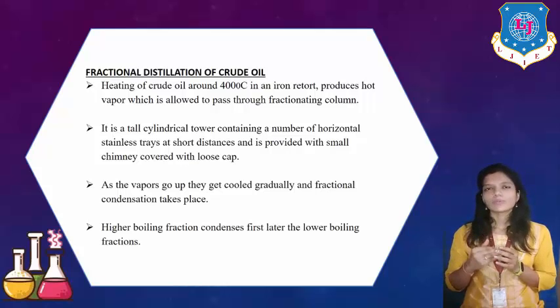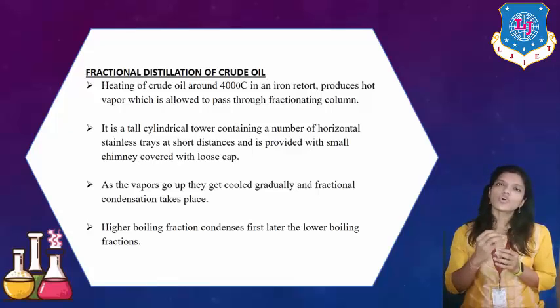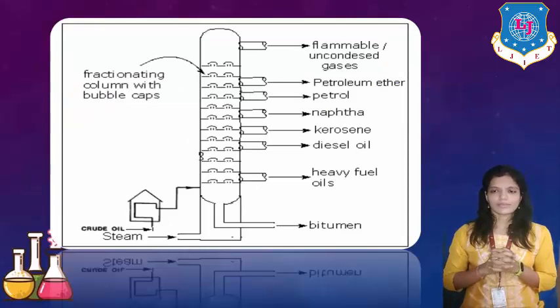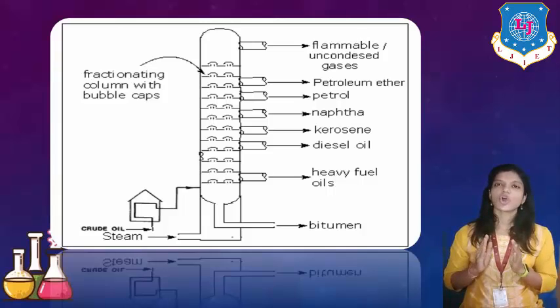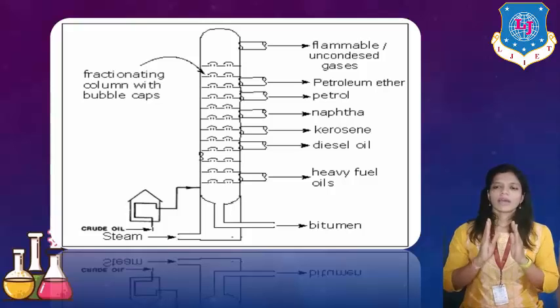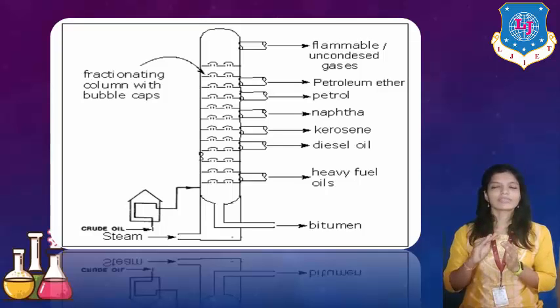This is the process with which we can get the crude oil distilled so that we get different kinds of products. Now, in the image you can see the fractional distillation column. In the middle of that image is a cylinder which contains different stainless steel trays.